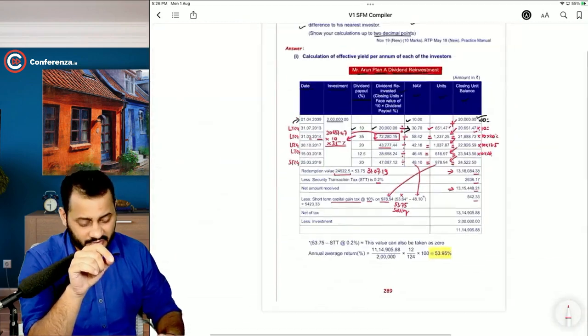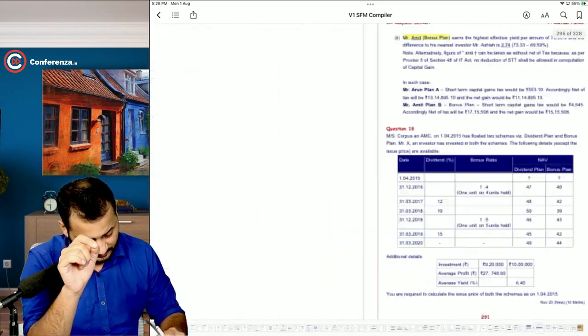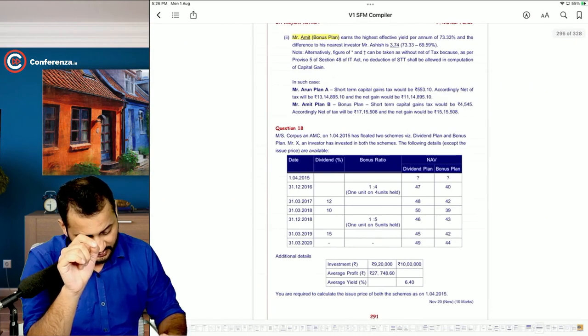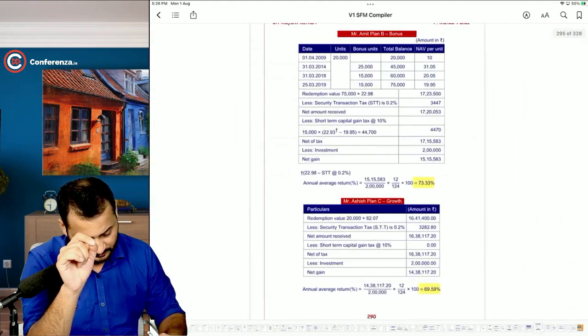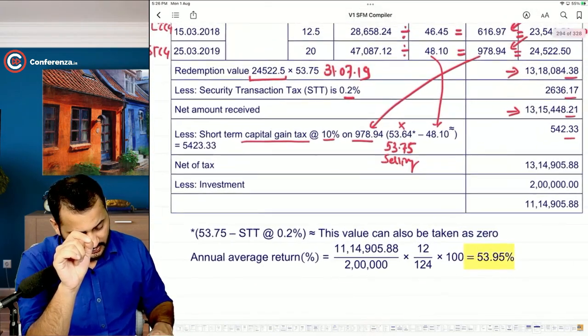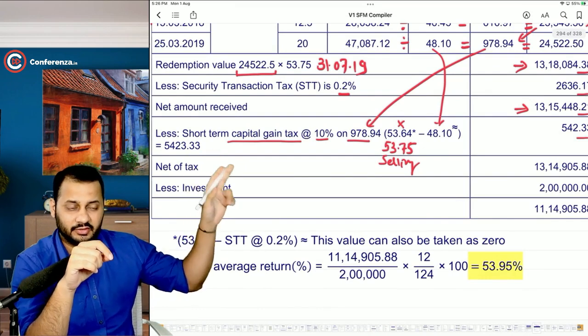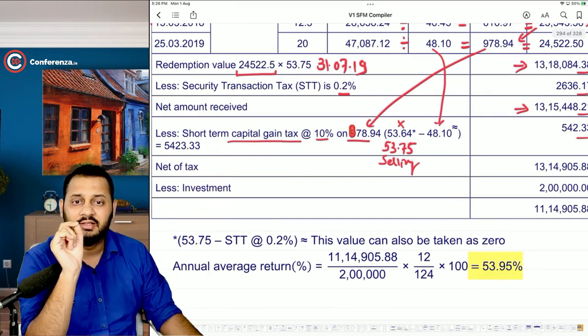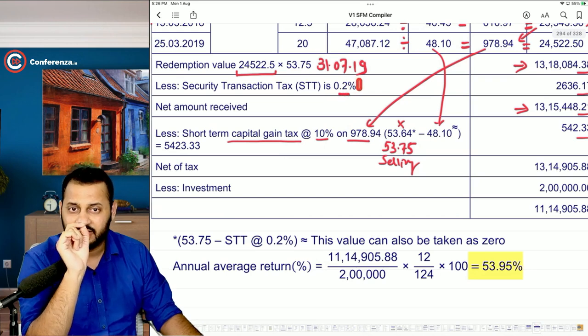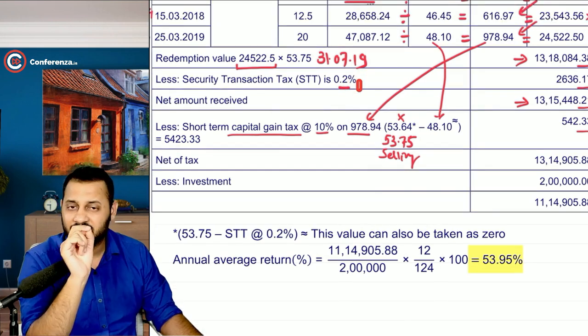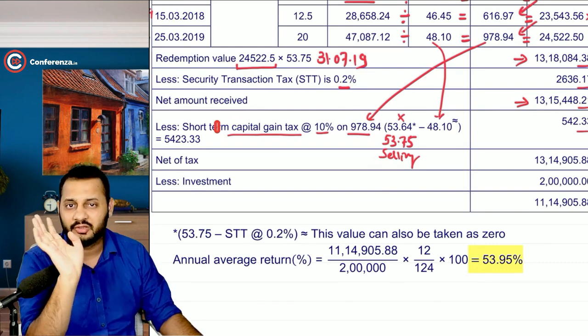I think it should have been written somewhere here. It's not. So 53.75 is the correct answer there. You do not get the deduction for securities transaction tax while calculating the short-term capital gain tax.